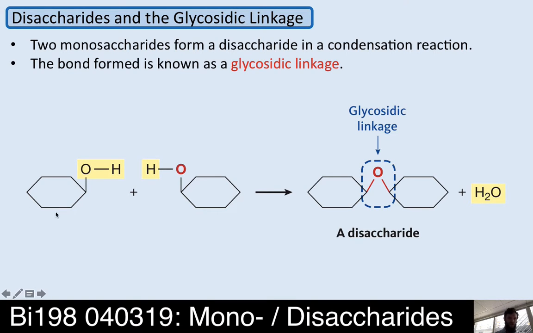This is going to be called the non-reducing end. This is going to be called the reducing end. Don't worry about what that means. It just gives a directionality to it. This reducing end sugar, that oxygen is going to form this glycosidic linkage, or an ether linkage is chemically how you would describe that. This is now a disaccharide.